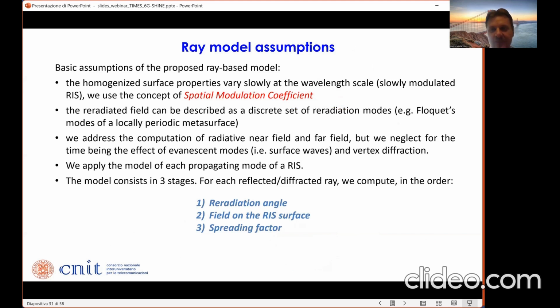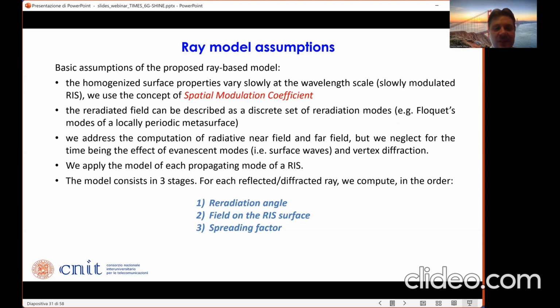Okay, after this quick recall, now I go ahead with the presentation of the ray model. First of all, there are some basic assumptions that I want to summarize here.